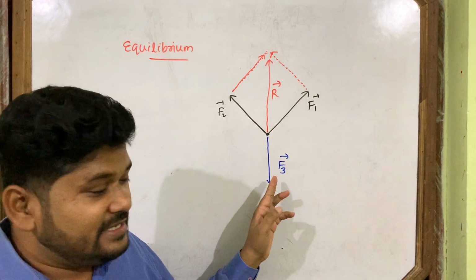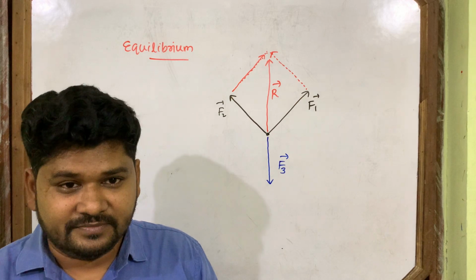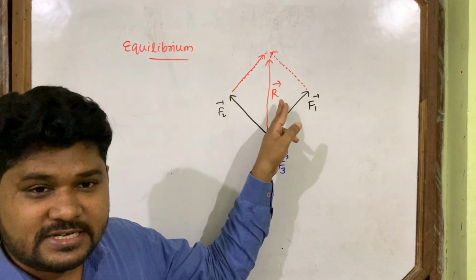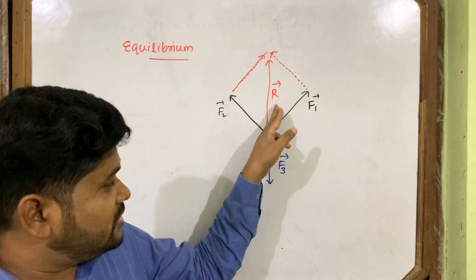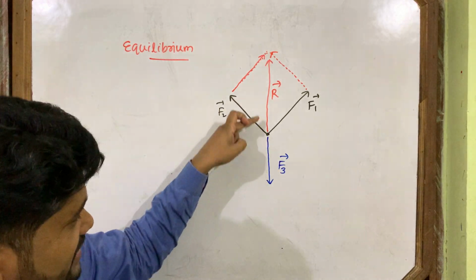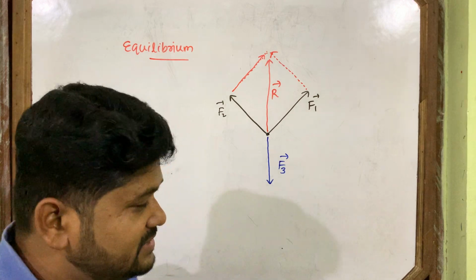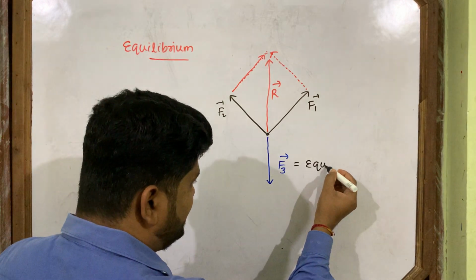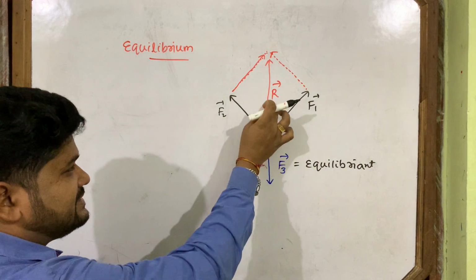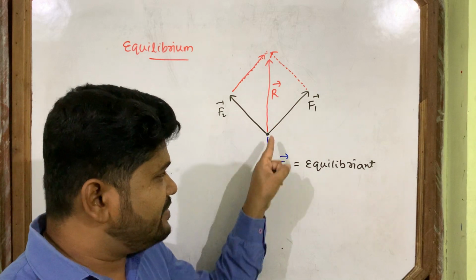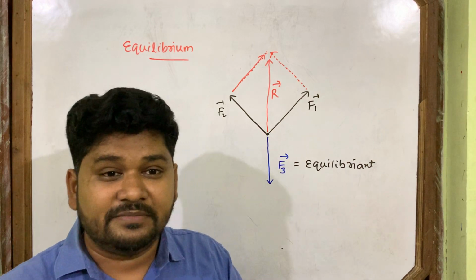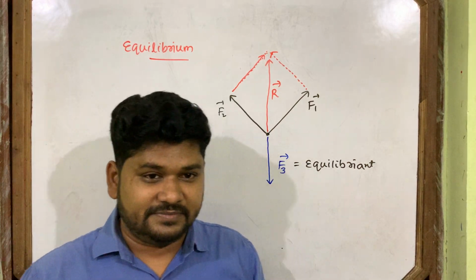If F3 cancels the resultant, it must be equal in magnitude with the resultant and also in opposite direction. What is the relation between resultant and equilibriant? Equilibriant cancels resultant, so they must be equal in magnitude and opposite in direction.